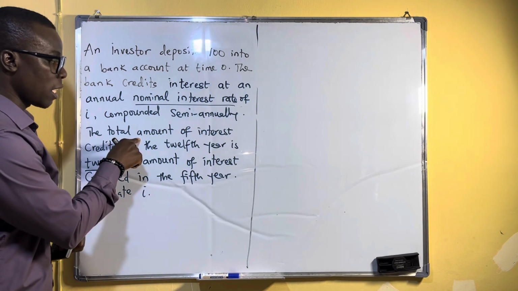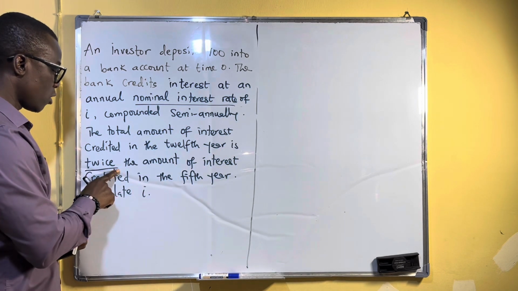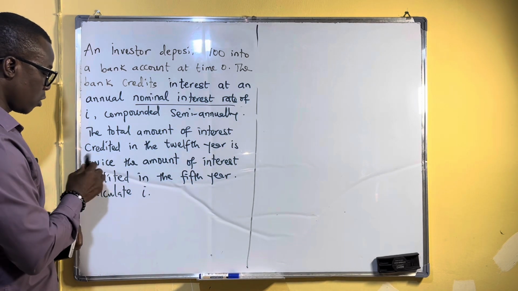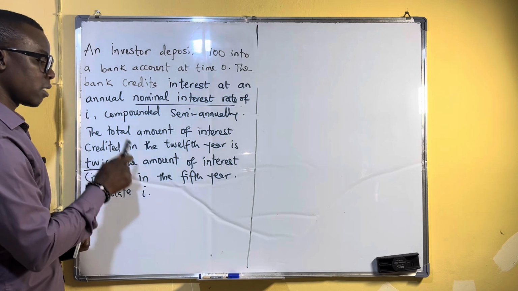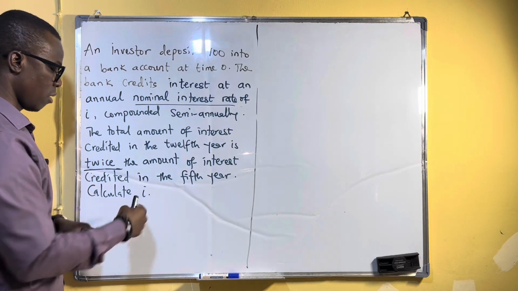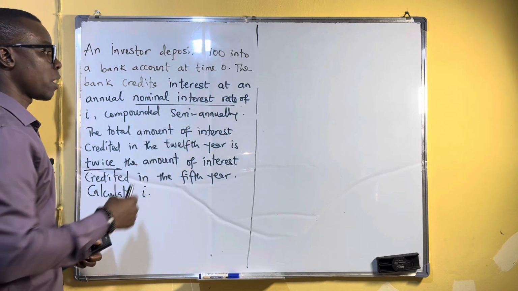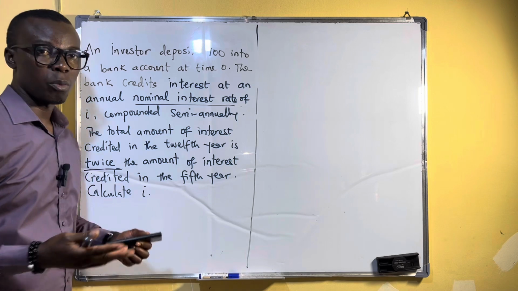The total amount of interest credited in the 12th year is twice the amount of interest credited in the 5th year. So we're to calculate I, the annual nominal interest rate.